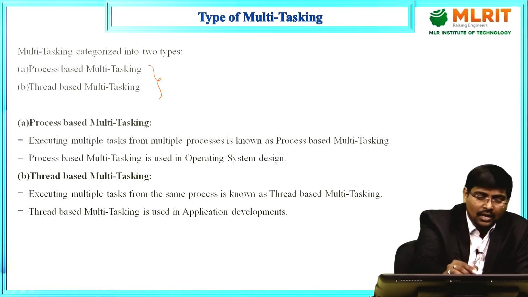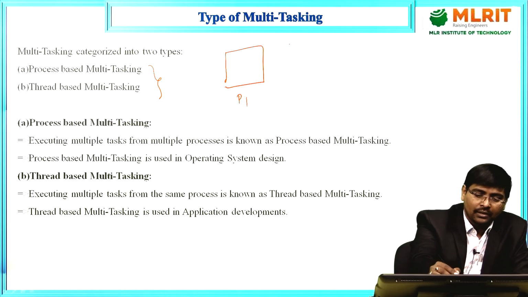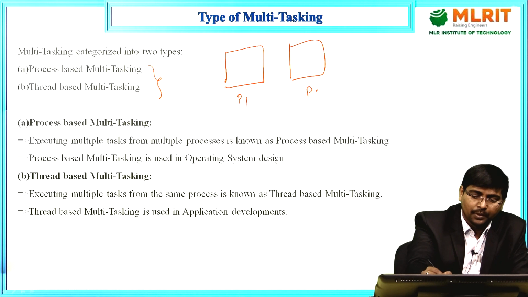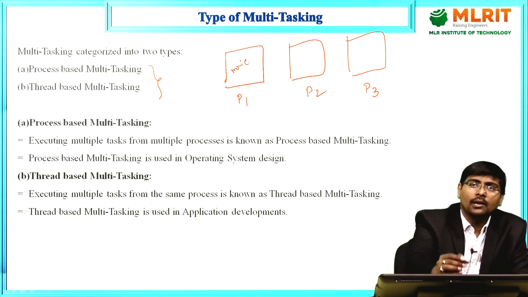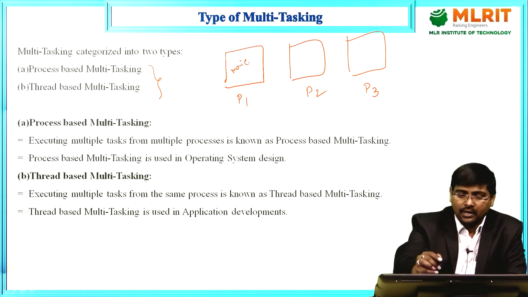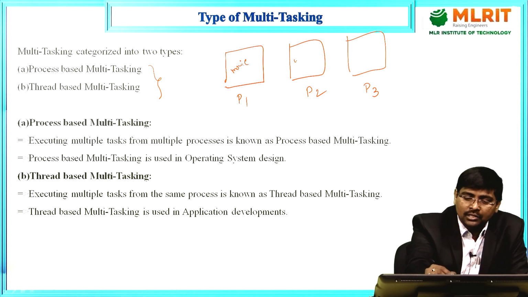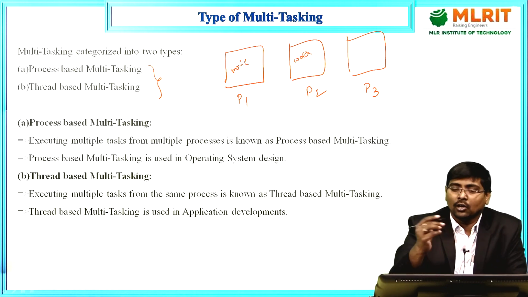Now observe, I have process P1, process P2, process P3. For example, process P1 is watching some movie using a VLC media player. Process P2 is editing a Word document.